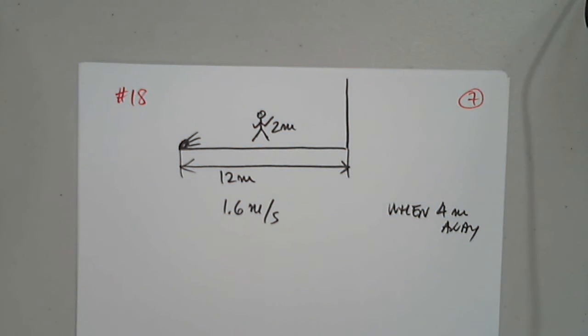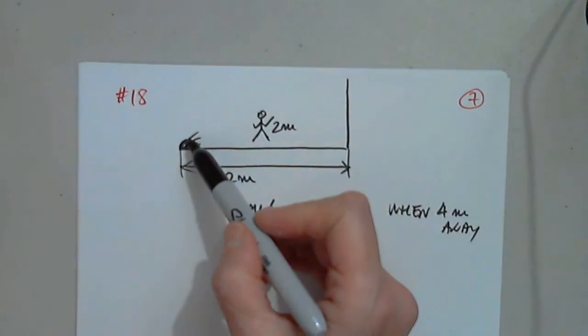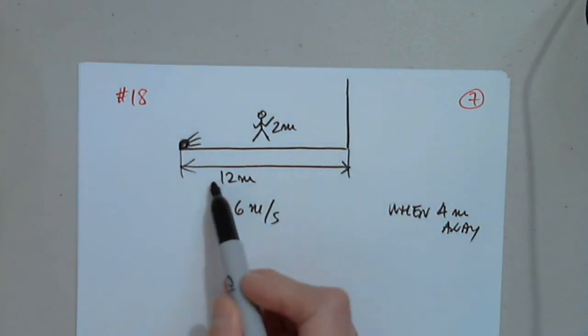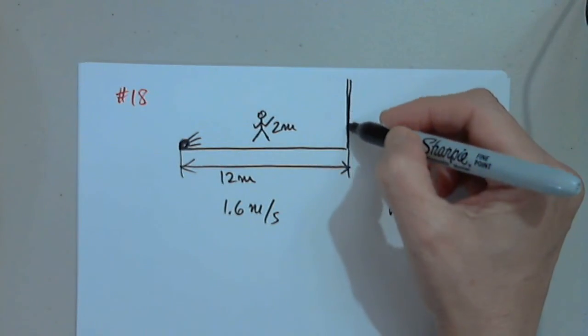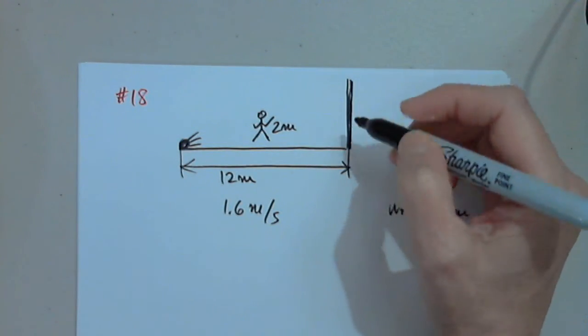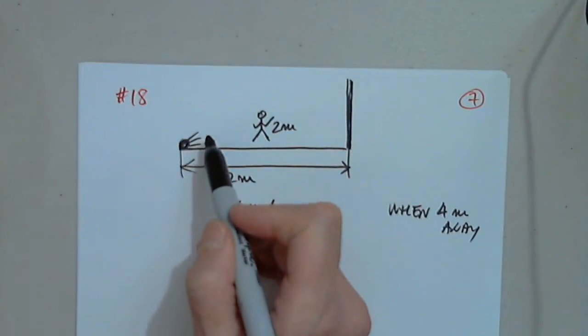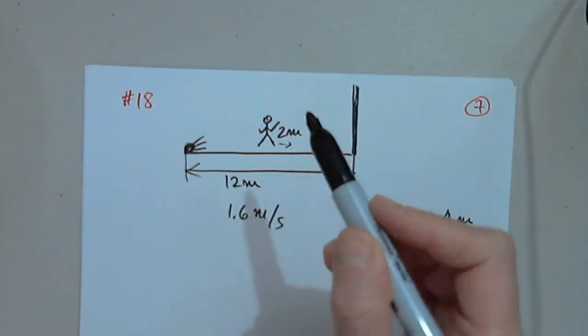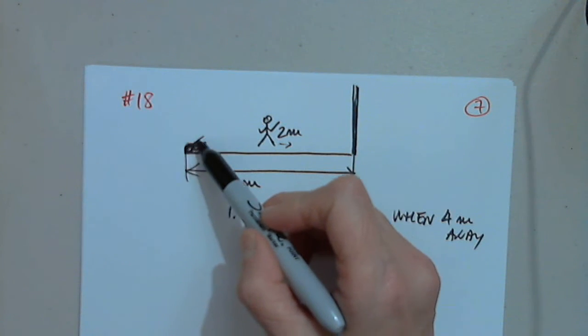Okay, so I'm going to stop sharing. Good. So here is the spotlight on the ground that is 12 meters away from a wall. And this person started here and walks towards the wall. And look what happens.